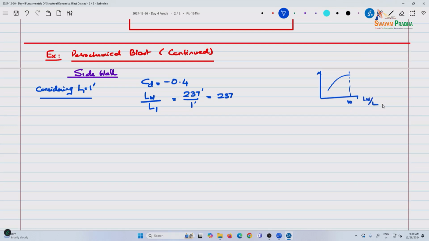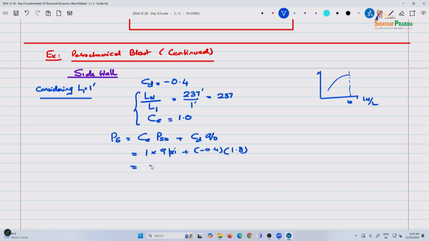So anything beyond that, from here you get CE equal to 1.0, and PS is CE PSO plus CD Q naught. So this is 1 multiplied by 9 plus minus 0.4 multiplied by 1.8, which is 8.28 psi.